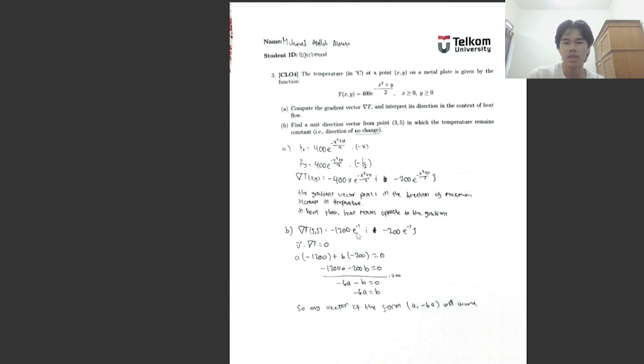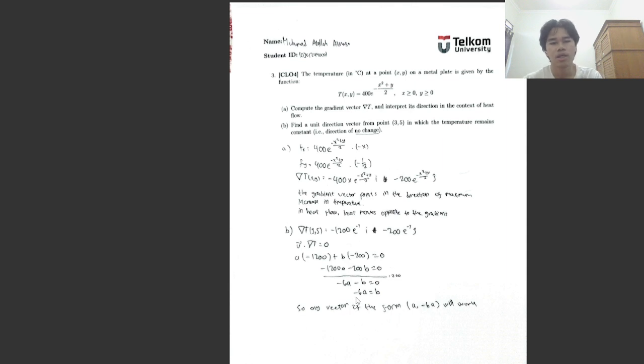Because the exponential does not affect the direction of the gradient, I remove it and we are left with a times minus 1200 plus b times minus 200 is equal to 0.